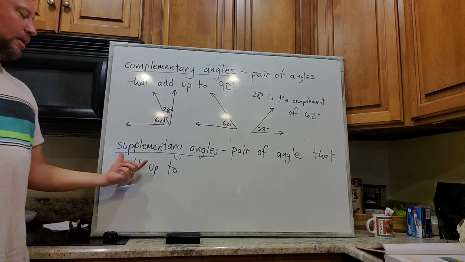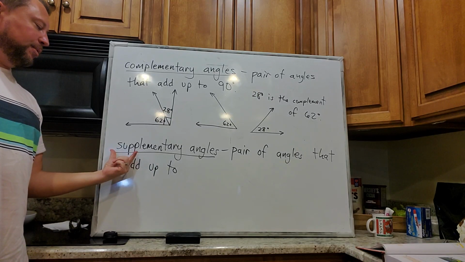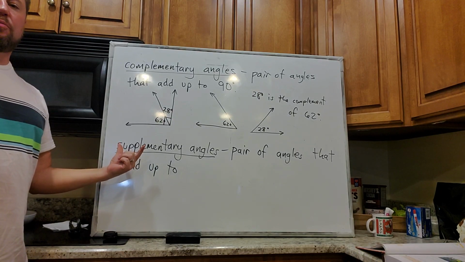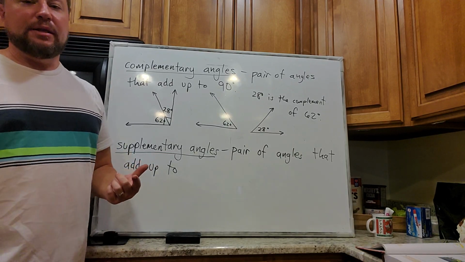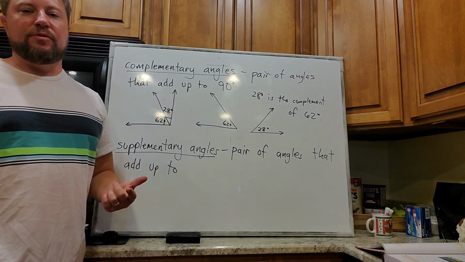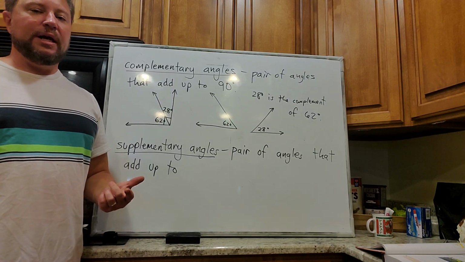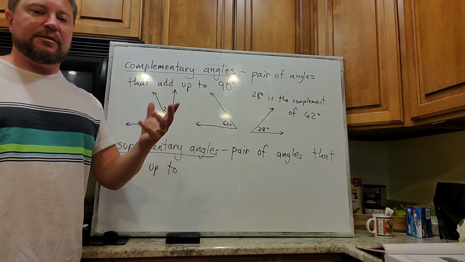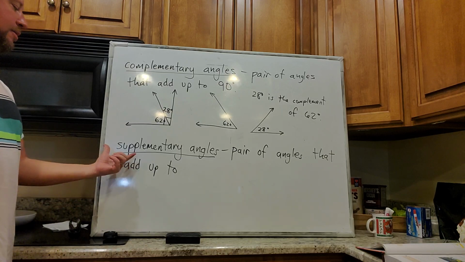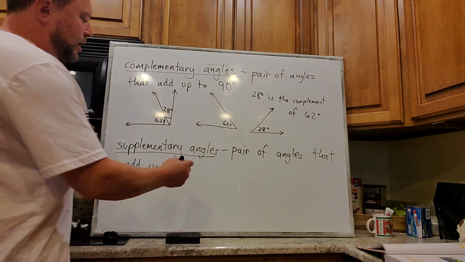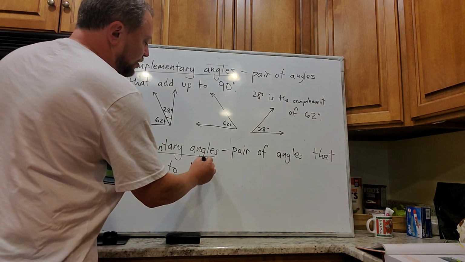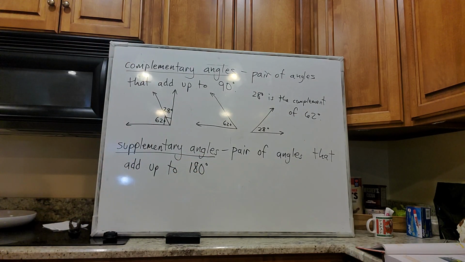Supplementary, I like to say, since it starts with sup, is the supersized version. It's kind of like back in the day when you went to a fast food restaurant and if you wanted the extra big meal, you told them to supersize it, make it big. Well, this is the supersized version. Instead of adding up only to 90, these are going to add up to twice that. They're going to add up to 180 degrees.